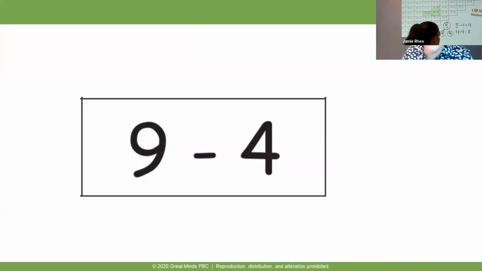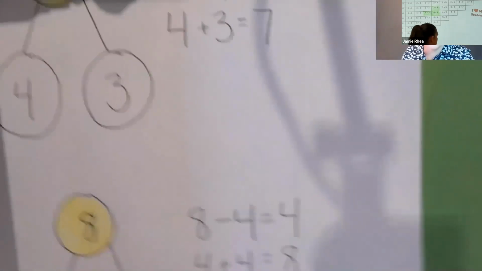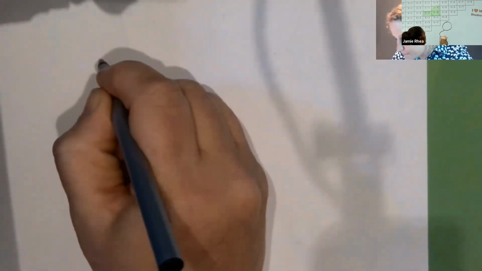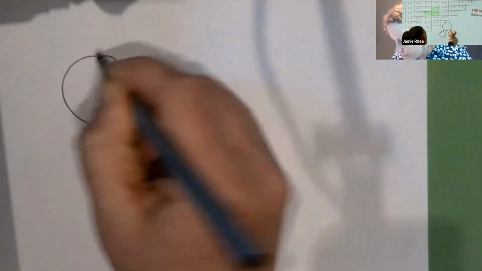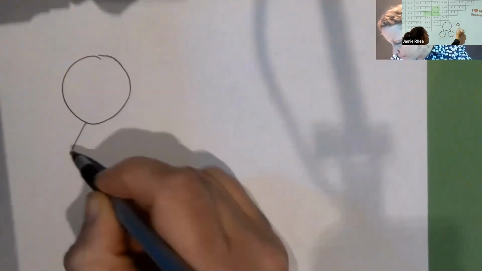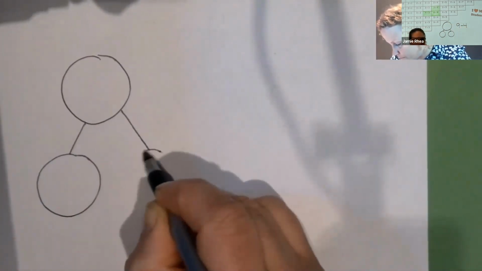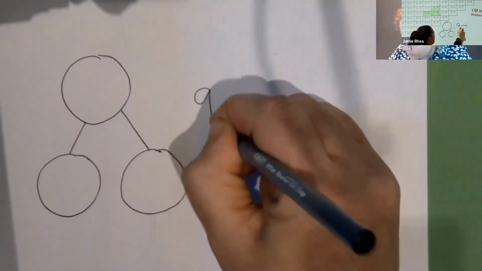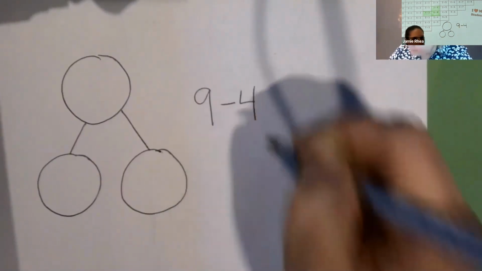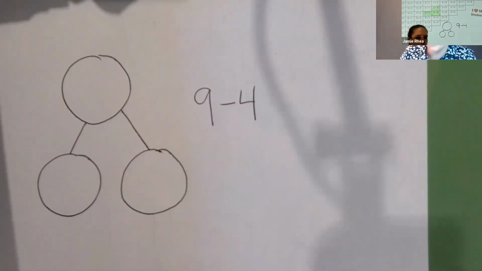Now let's try 9 minus 4. Turn your paper over, and let's start with a number bond. Go ahead and write the expression 9 minus 4.